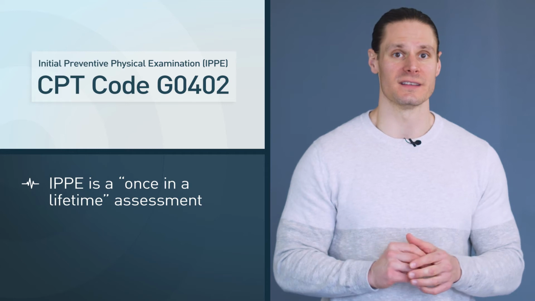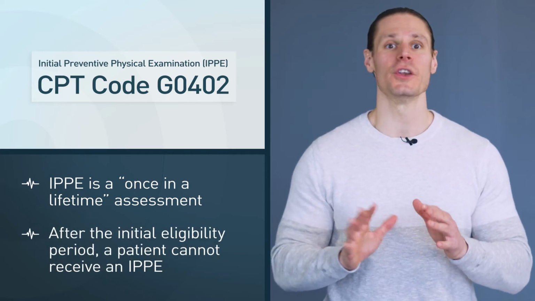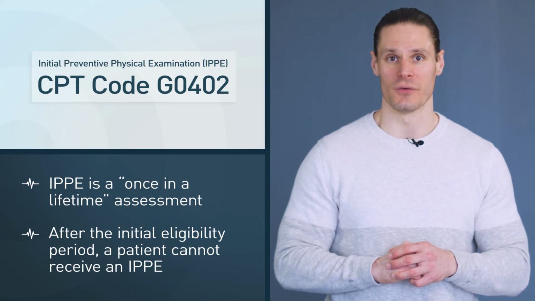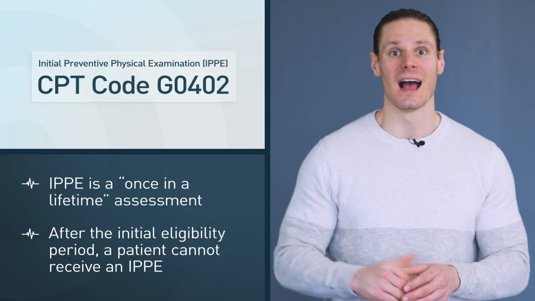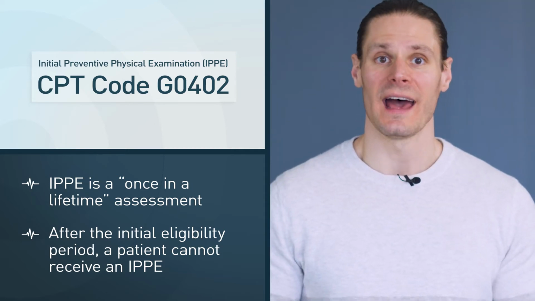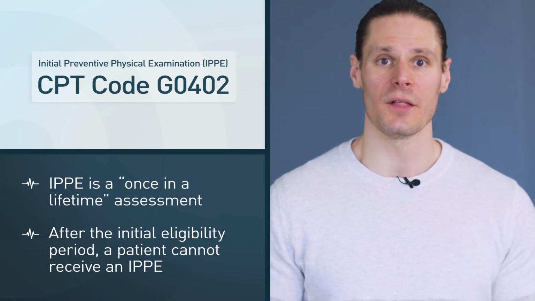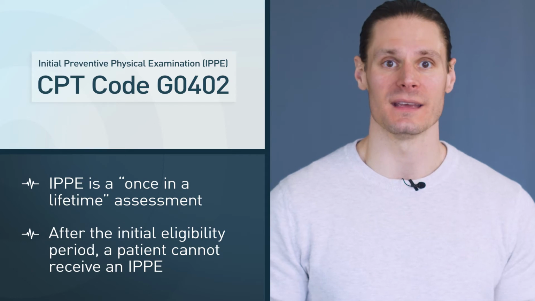So, if the patient is to receive an AWV after the first 12 months, they would not be eligible for the G0402 or the IPPE. They would then move on to the IAWV, where they would start. So, to summarize, after the initial 12-month eligibility period, a patient is no longer eligible for the IPPE.